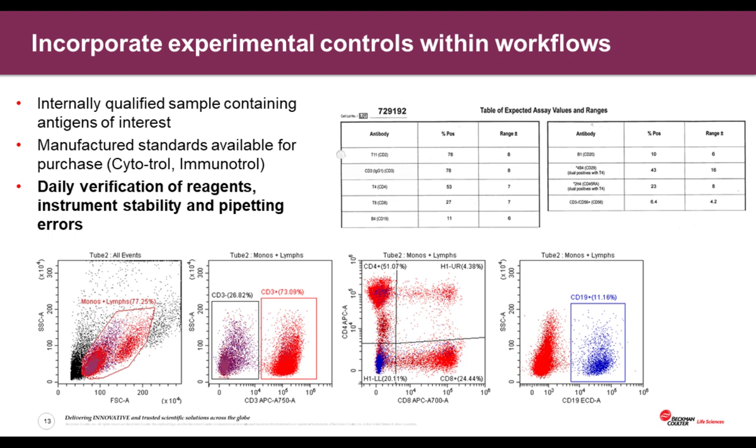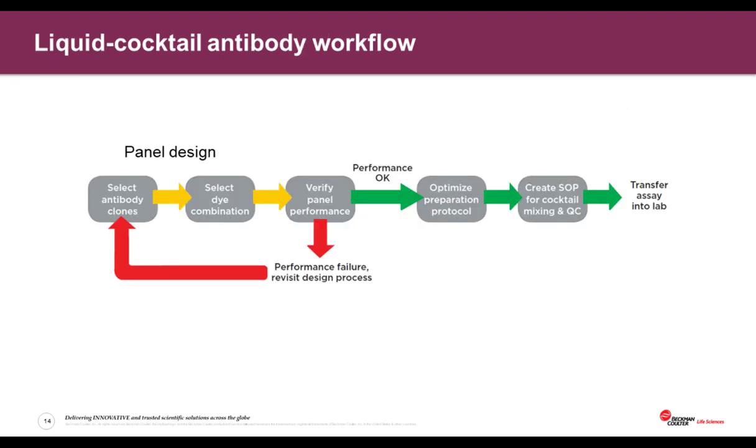So once you run this sample within your experiment that you are running on a daily basis during the longitudinal study, you're basically just going to set it as a pass and incorporate this into the QC of your experiment. Quite simple.